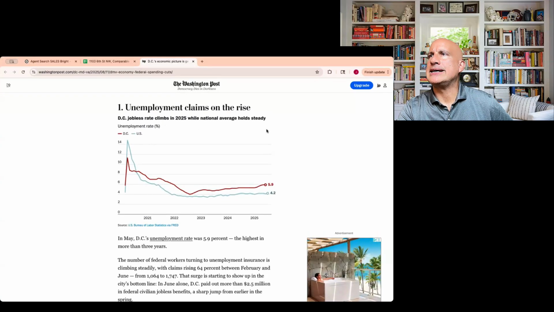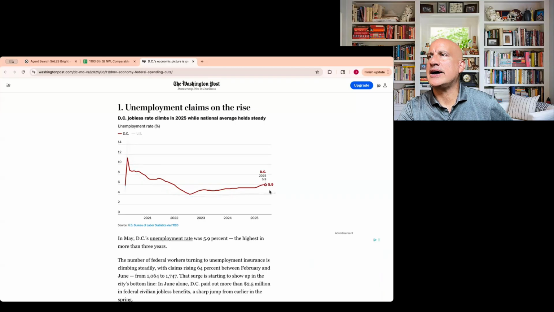DC jobless rate climbs. We've got about 5.9 right now, higher than the 4.2 that is the US rate. This is a bit of a misnomer.